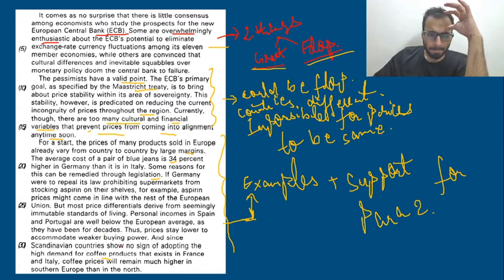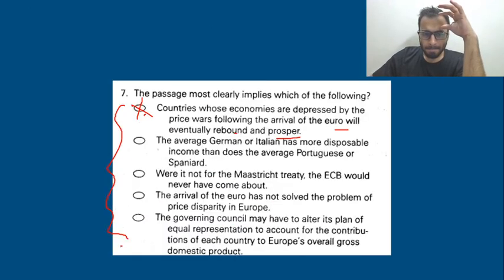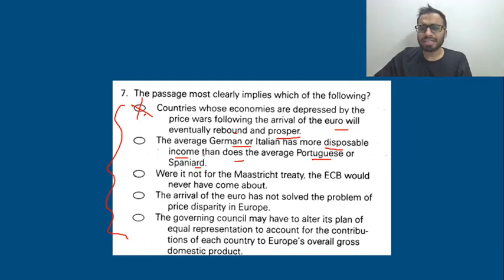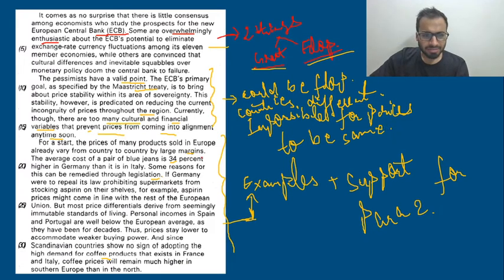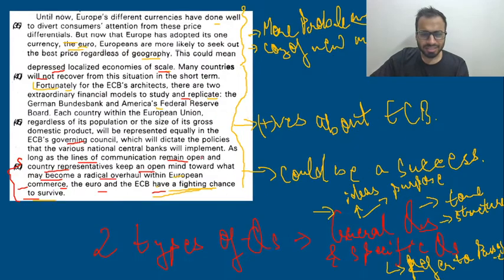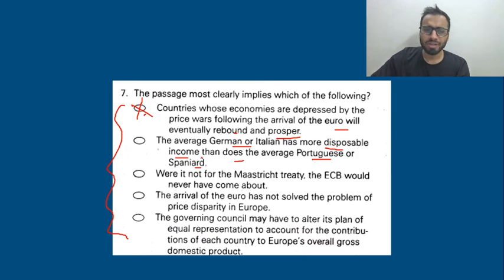But did they talk about disposable income? They talked about personal income. Did they say the German or Italian has more disposable income? They talked about Portuguese and Spaniards having less income, but nothing about others having more disposable income. I don't think so, right? But because this is confusing me, I'll put this on the back burner and see if I've got a more viable option.